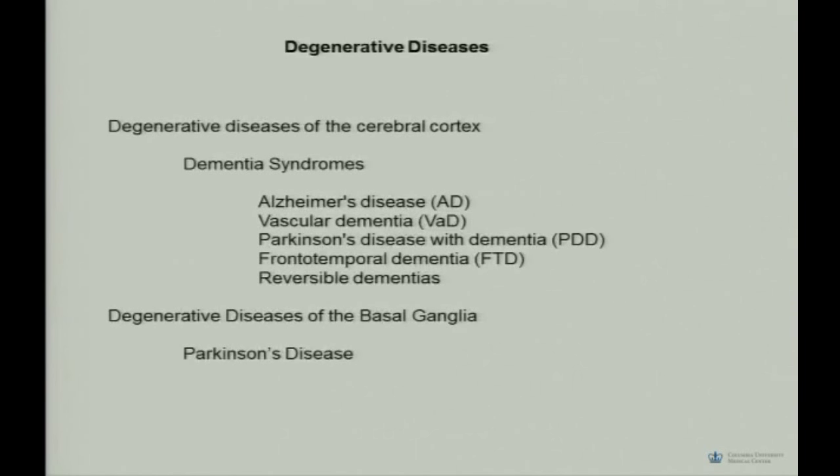It also includes something called vascular dementia, where the dementia is actually caused by some sort of vascular disease. There's a dementia syndrome called Parkinson's disease with dementia. So this is essentially Parkinson's disease. However, it progresses to include more of the cerebral cortex and manifests as dementia.